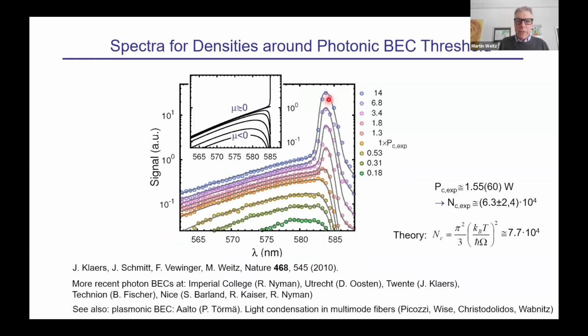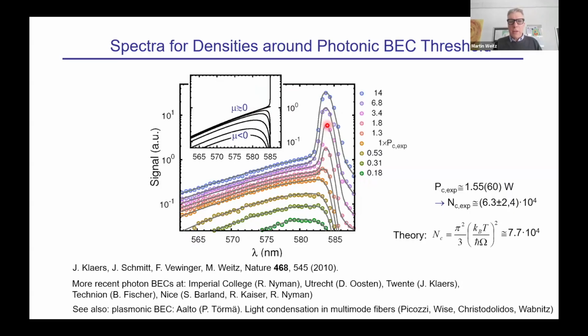So to investigate things in more detail, we looked at spectra. So up here, these are theory spectra, and these are experimental spectra. What you see is that at low photon numbers, we basically see a Boltzmann cloud above the cutoff. So this is the same that I showed you previously. To the left, again, are lower wavelengths, that is higher photon energies. And if you put in more photons, we in addition see a peak at the position of the cutoff that we attribute to the BEC.